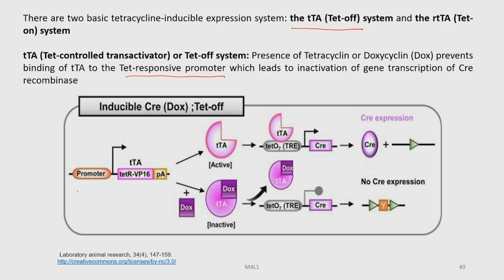So, this is the promoter over here, as you can see, and the presence of either tetracycline or doxycycline will prevent binding of the tTA to the TET responsive promoter, and here there is inactivation of the transcription of the Cre recombinase.